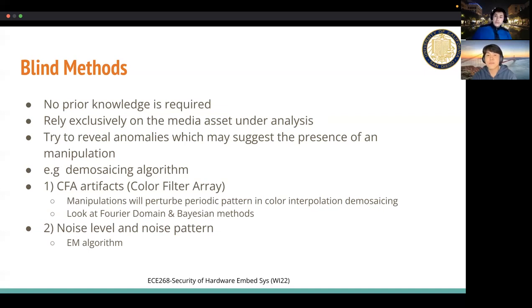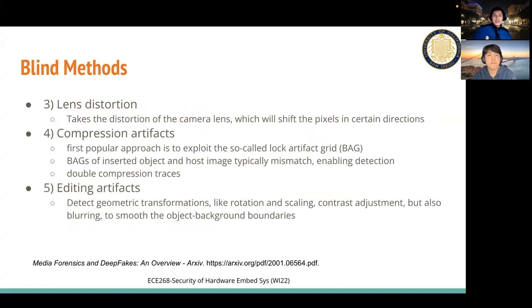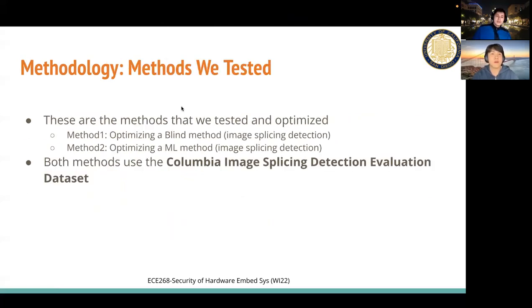There's also noise levels and noise patterns, where you look at the noise of an individual picture and see whether or not the noise is consistent or if there are some weird patches. There are some other methods like lens distortion, compression artifacts, and editing artifacts, but we didn't test those out in the paper.